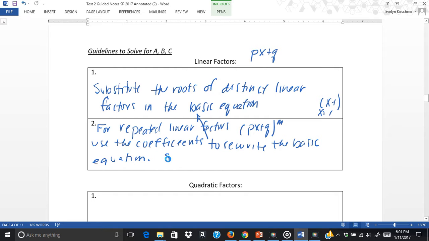And then we'll substitute other convenient values for x to solve.